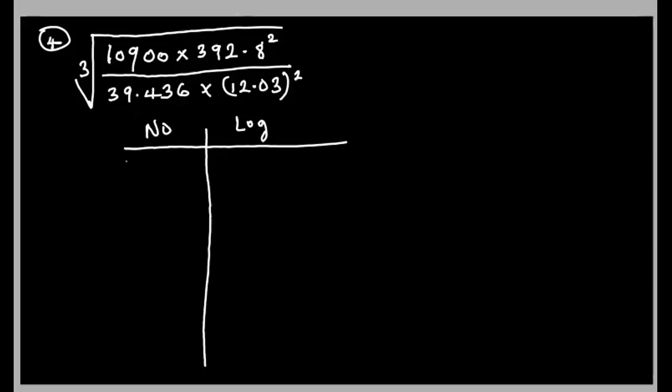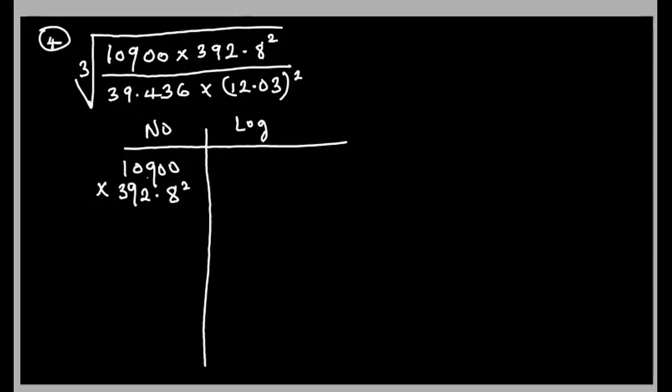So let's start with the numerator, with the inside. From the inside we have 10900, multiplied by 392.8 squared.